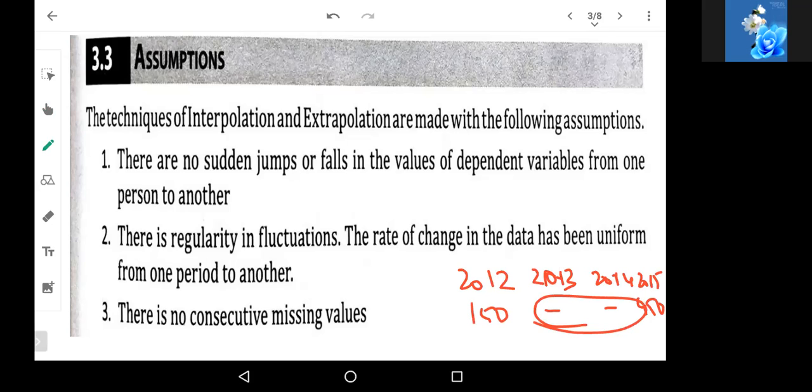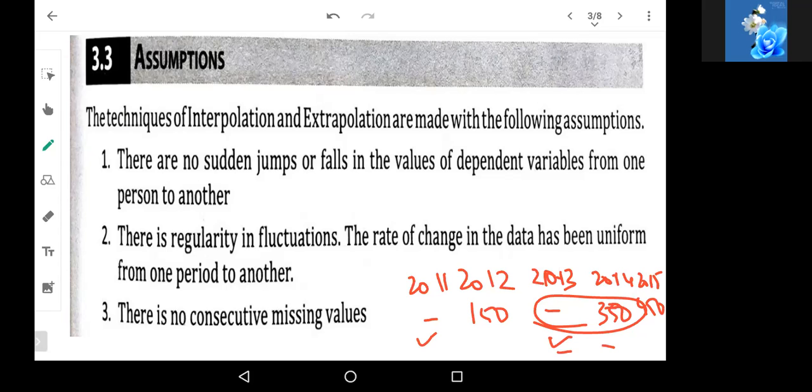Next to next should not be missing. But if they are asking you the 2011 value, and they have given this as 350, when one is missing here and the other is missing there, in this case you can solve the problem. But if two are missing continuously, then it is difficult to solve the problem.